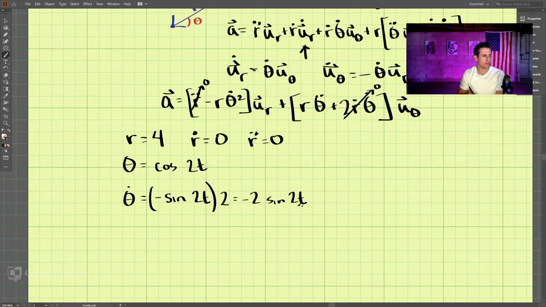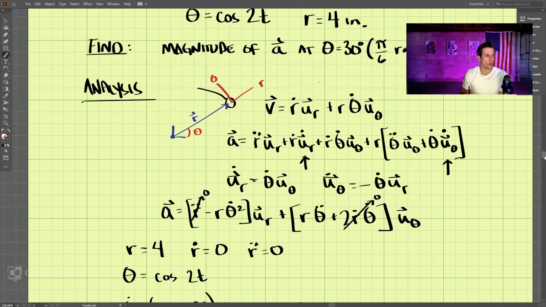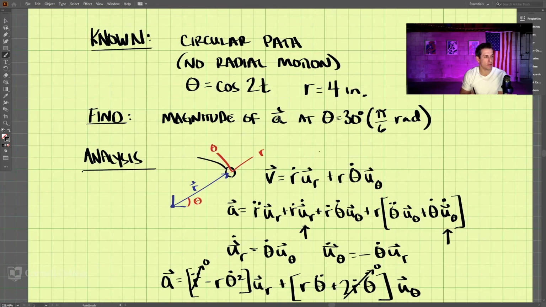All right. So we have this theta dot, but what do we put in for t? We don't know t. Well, how do we solve for t? What we're looking for is the magnitude of the acceleration when theta is equal to 30 degrees, or pi over 6 radians, the same thing.